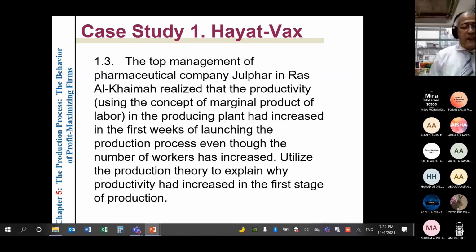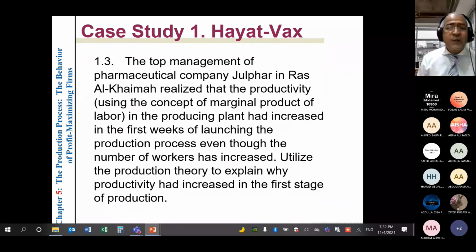What is the idea? In the first stage of production, as units of labor increase, total product will increase at an increasing rate, causing marginal product to increase. Why does total product increase at an increasing rate? Because of specialization and division of labor.